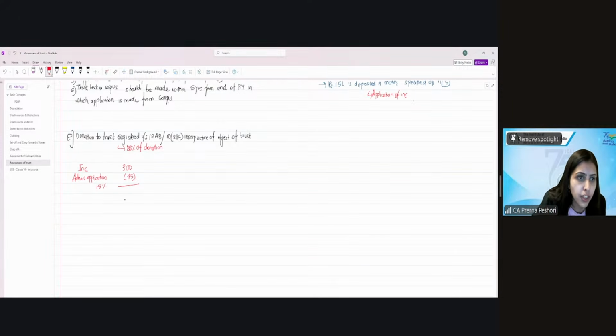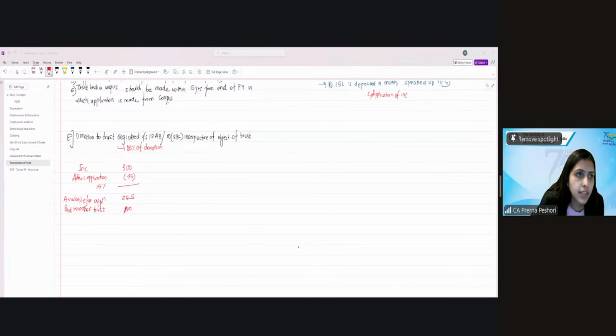So 255 is available for exemption or available for application. Correct? Now out of this 255, let's say I paid to another trust 100.